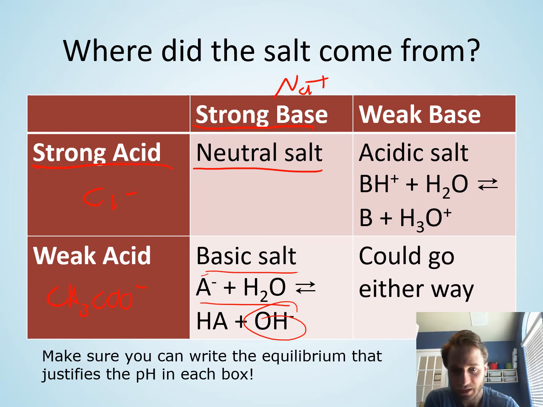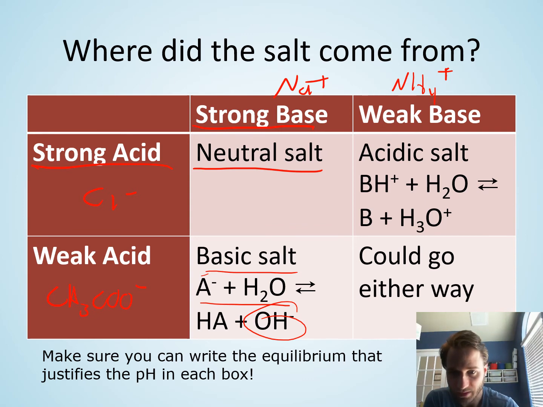And then let's say my cation is a weak base itself, okay? Let's say it's NH4+. NH4+ isn't a weak base, it comes from a weak base.